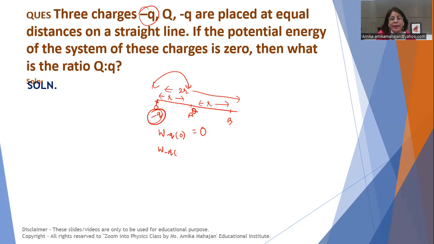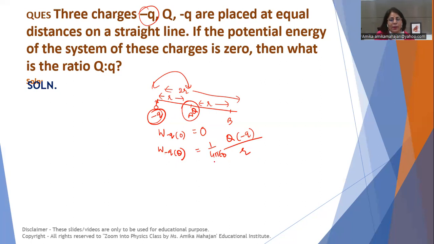So work done will be 1 by 4 pi epsilon naught, the charge capital Q placed at point A, and because it is in the field of the -q charge placed at point O initially, it will be -q divided by the distance between the two points, R.